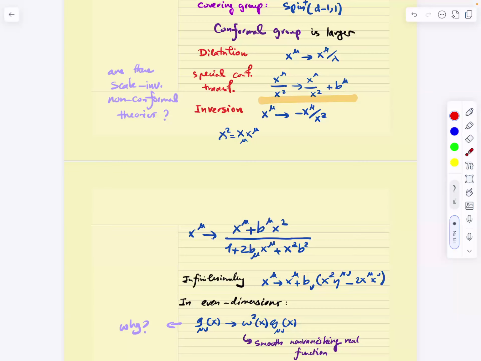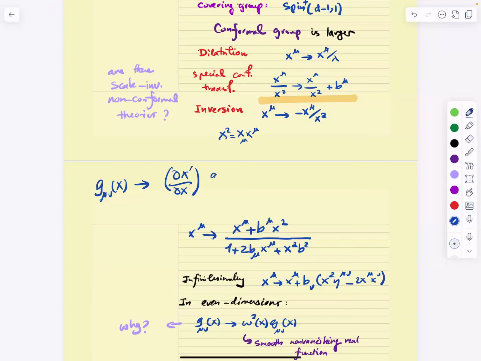Under diffeomorphisms like the one I've discussed, g_μν goes to this. This is the transformation of the metric under a diffeomorphism.